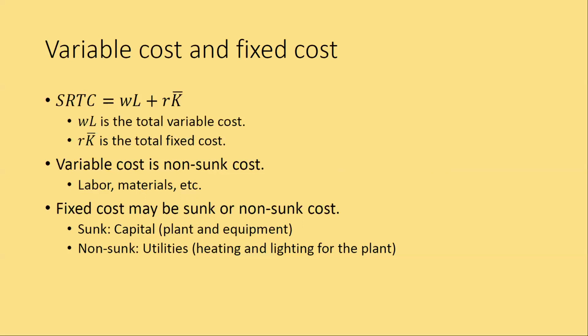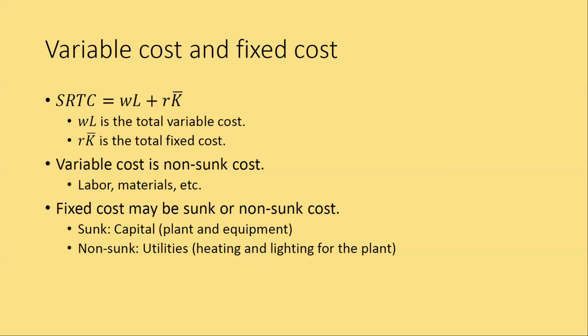For example, the fixed cost spent on plant and equipment or land may sometimes be sunk cost. The firm cannot recover those costs, at least not in a short period of time. However, some other fixed costs, such as utilities, may be non-sunk. Imagine that there is a plant and there is a central heating system.